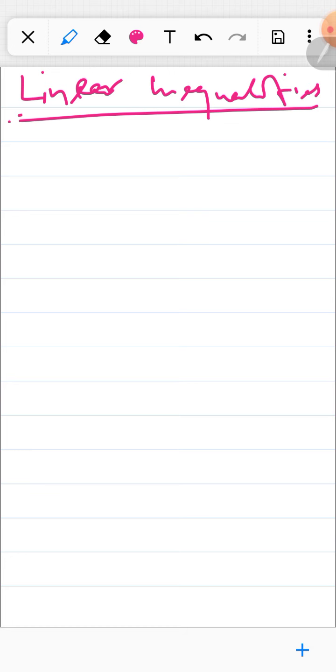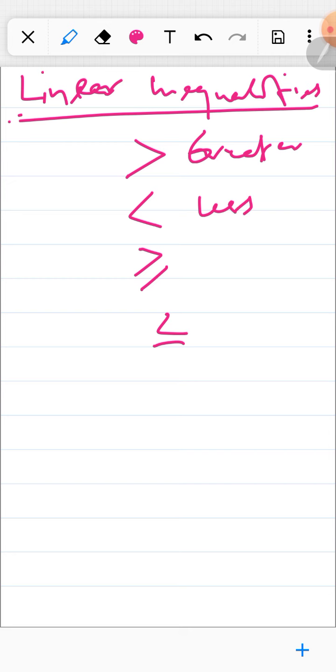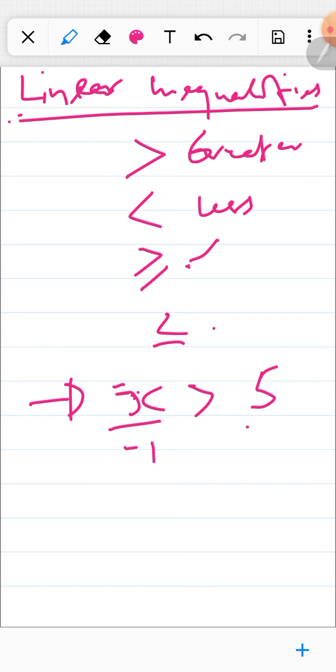Now, when you have inequalities, one thing that's commonly confusing is these symbols, right? I know you know what they mean. This is greater, this is less, this is greater or equal, and that's less or equal. One little thing I can tell you about inequalities is if you have, say, negative x is greater than 5, every time you divide or multiply by a negative sign, if I divide by -1, the inequality sign flips.